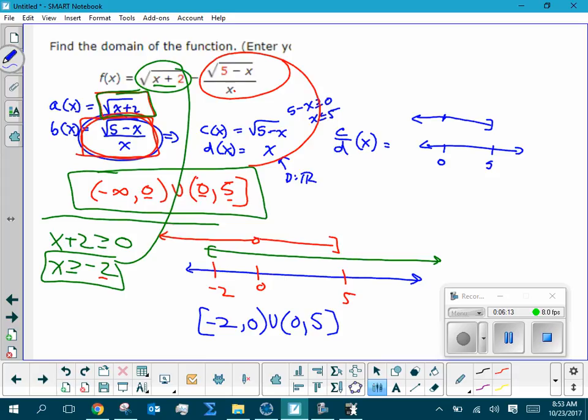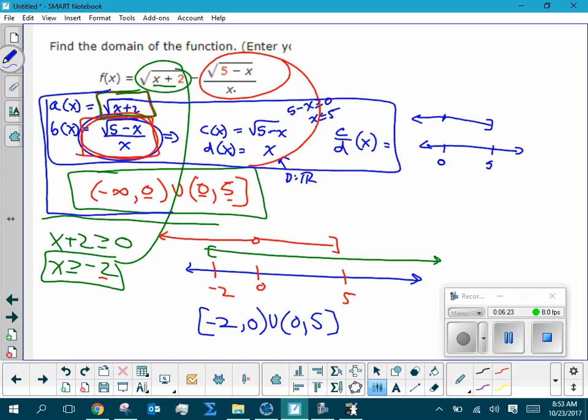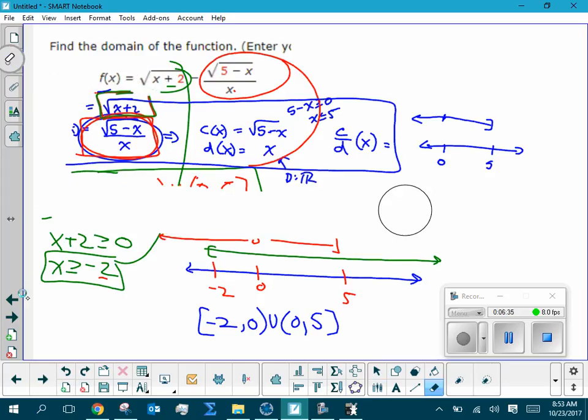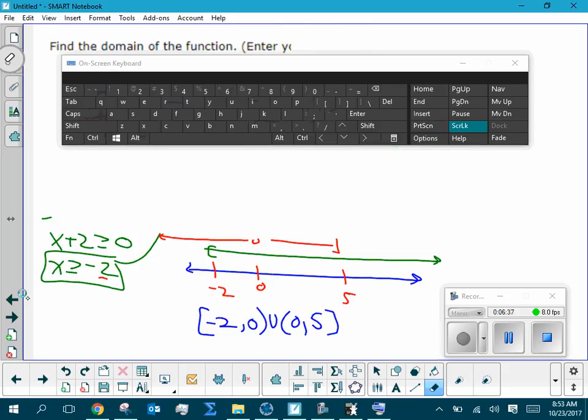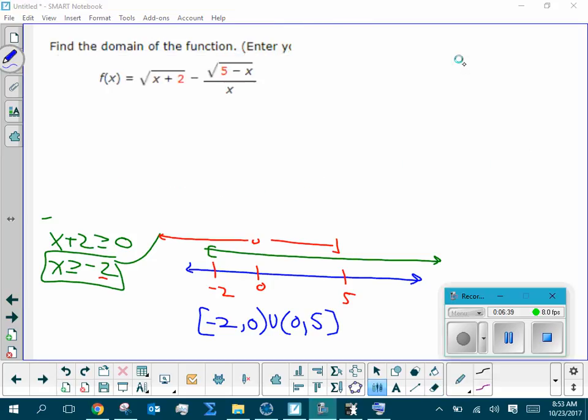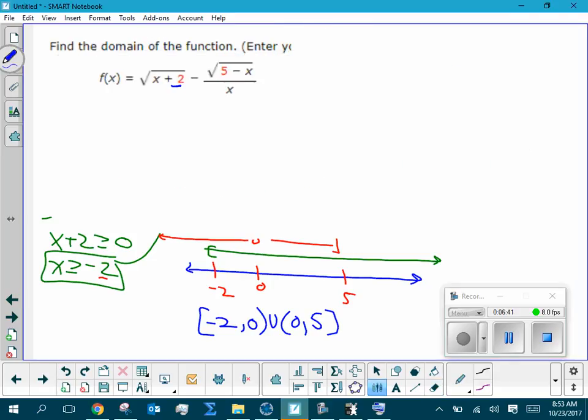Now, I kind of want to explain what we were doing, but every time you see one of these, I'm not saying you have to decompose these functions down into the simpler functions they came from. But you want to use the approach where we think about what domain values I'm allowed to put in.